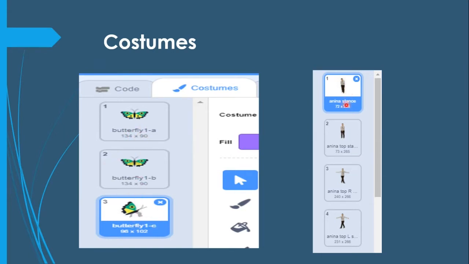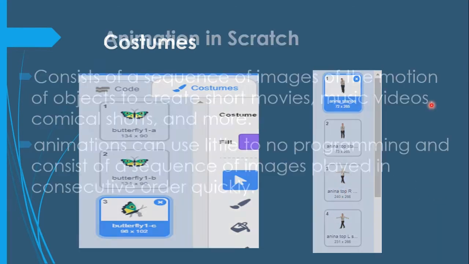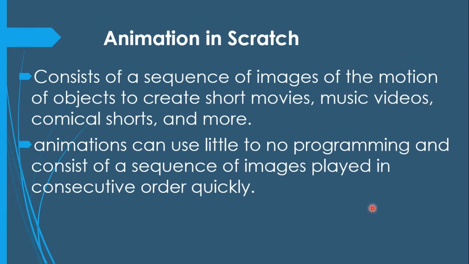The same thing here, we have another character and you can see they have at least 4 costumes in different positions of their dance. So costumes are important when you're doing animation to help you bring your sprites to look lively, to be able to make action.